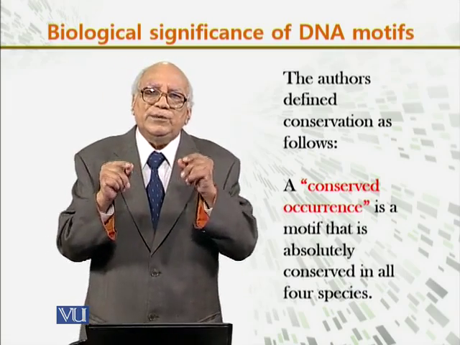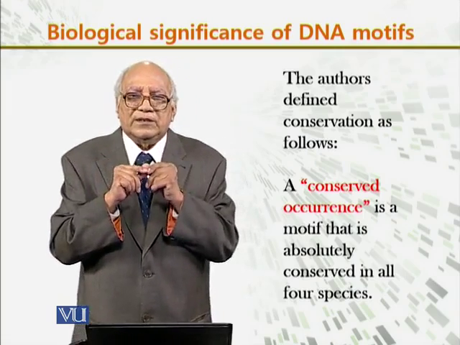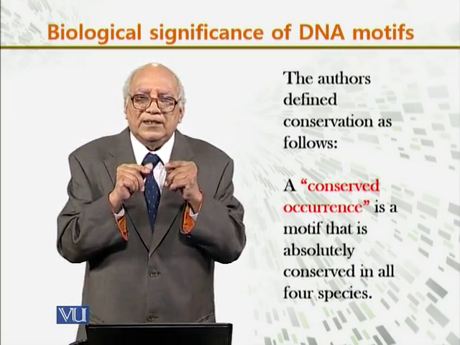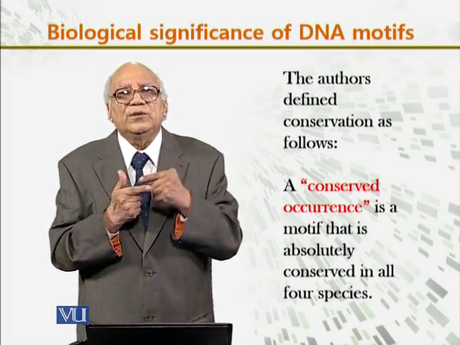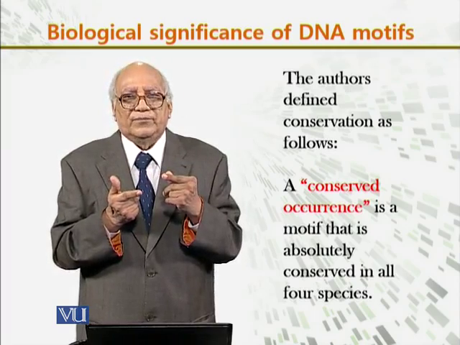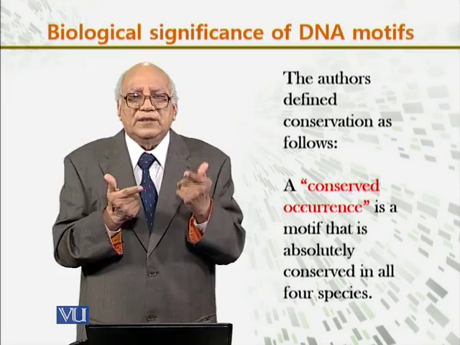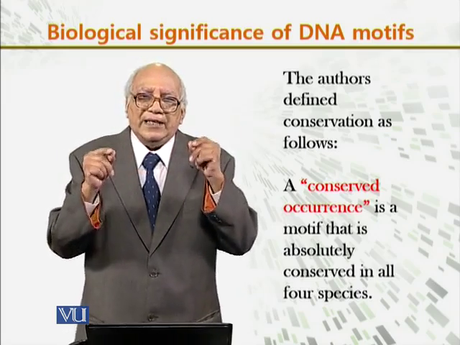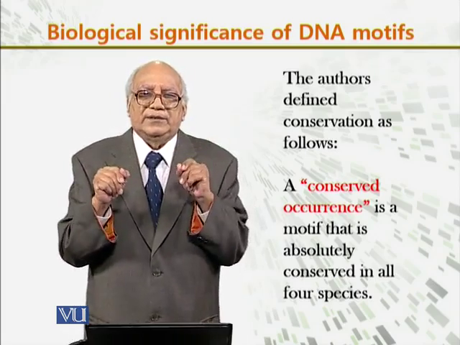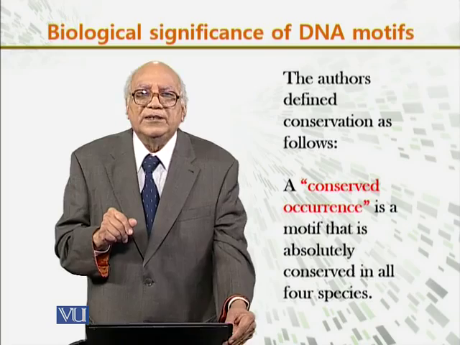That is, there should be a small sequence pattern that occurs in all four species, which are so different: a human, mouse, rat, and dog. We should find it absolutely conserved in all these species when we study it.